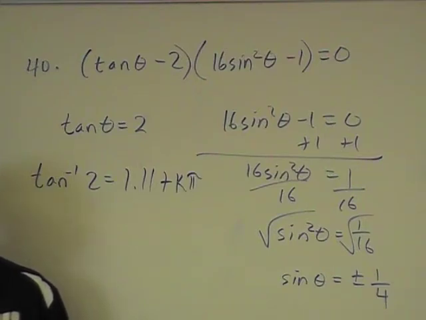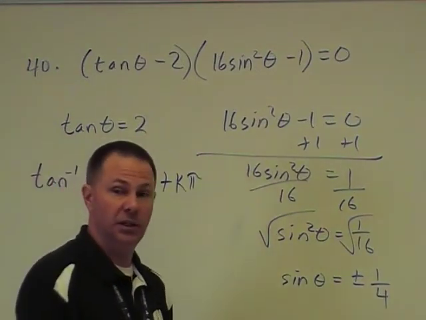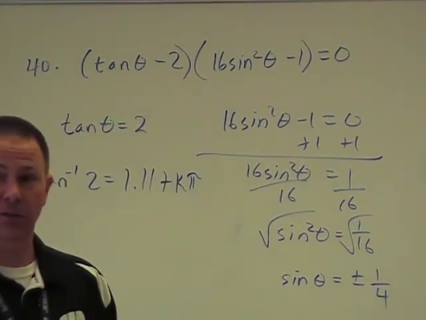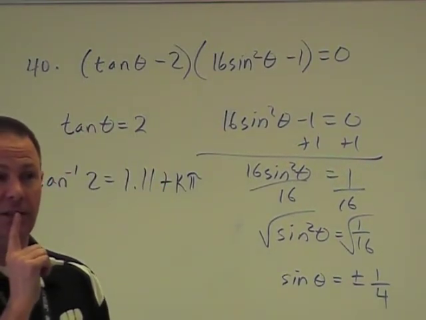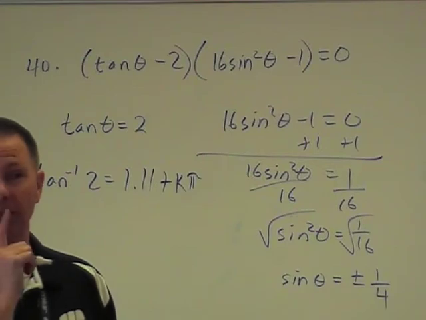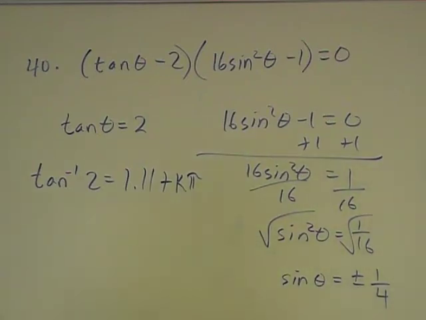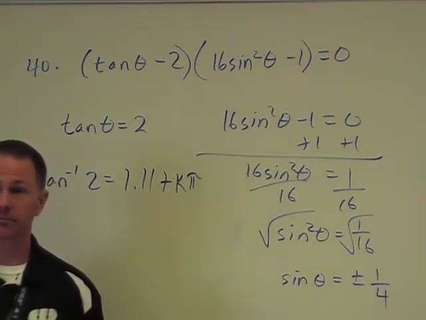Tell me why it's not 2k pi. Look at your notes back in inverses, or on your reference sheet for the domain and range of the inverses, arc tangent. It was one of the beginning things we put on there in chapter 6, I think.